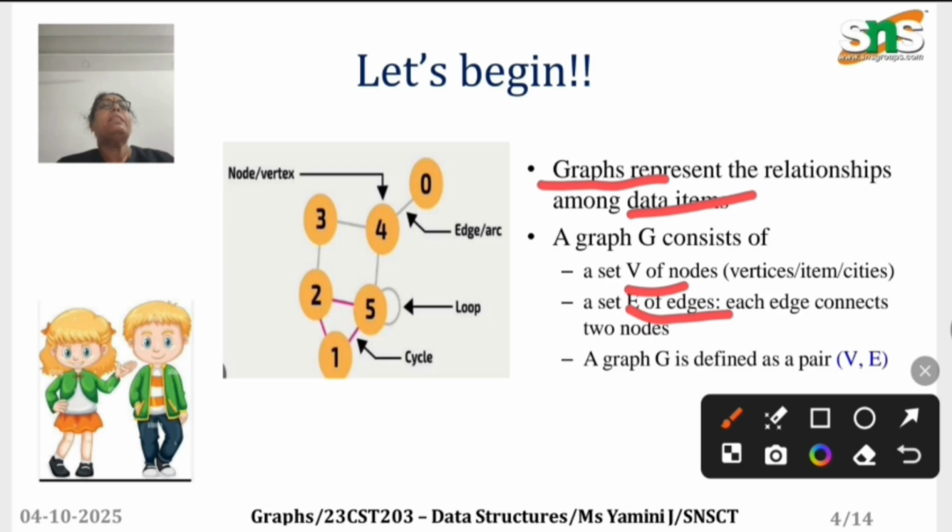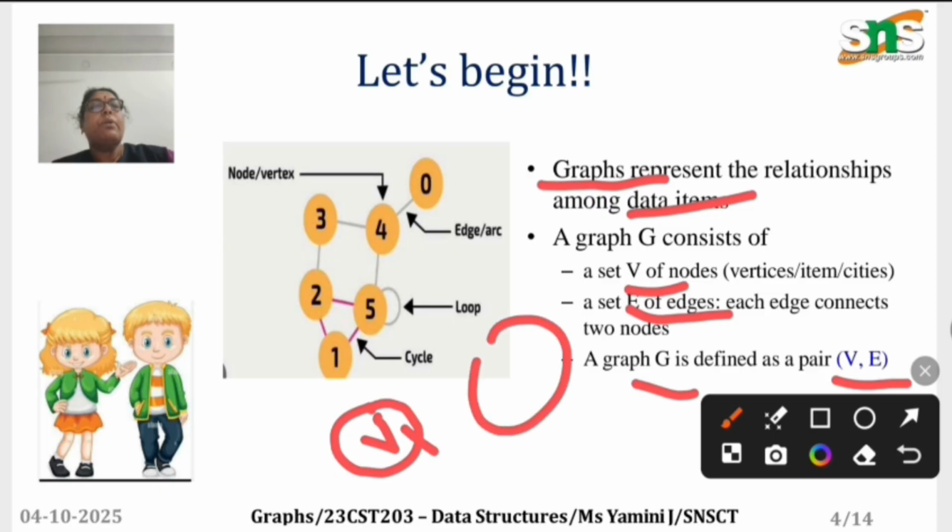Mathematically, a graph is defined as G, that is G means graph, and a pair of V and E. V means vertices, E means edges. This is vertex 1, this is vertex 2, this is an edge.